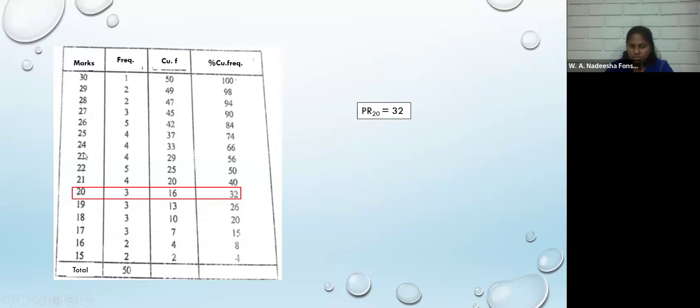By just looking at the table, you can take the answer. PR 27 means equals 90. Like that, by looking at this, you can obtain the value. It's easy.